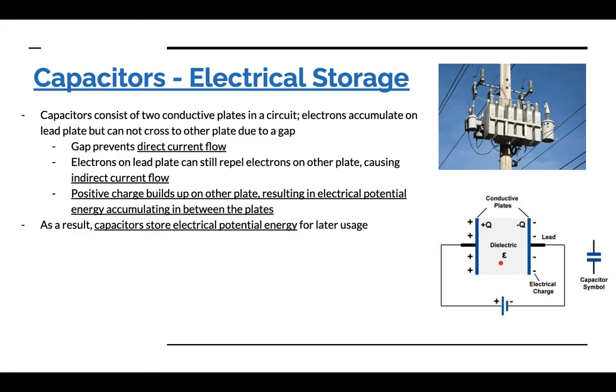So as a result, capacitors store electrical potential energy for later usage. If you were to take this capacitor out and place it in another circuit, it provides you a brief burst of electrical current that you could use for specific purposes, okay?